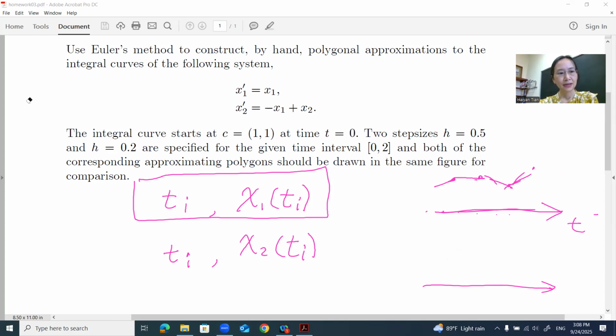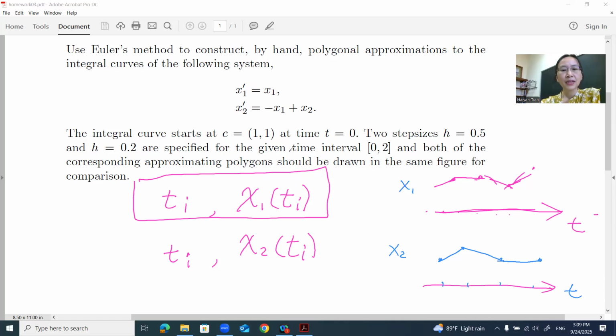That is, from t0, t1, t2, etc., you can get the approximate second component. So the second component of x versus t can be shown. Suppose the second component, you found it, then the component as a function of t can be approximated by this numerical solution.